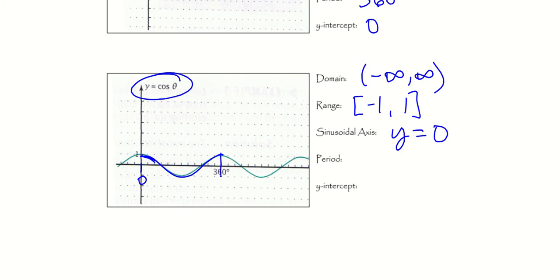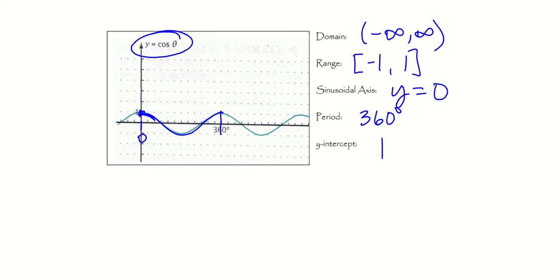So like the sine, it has a period of 360 degrees. It takes 360 degrees for the graph of the cosine to complete one wave or cycle. Its y-intercept, unlike the graph of y equals the sine, is 1. It crosses the y-axis at 1.